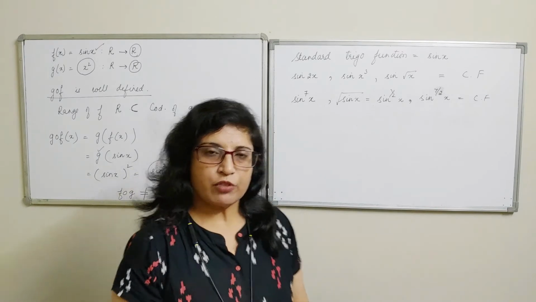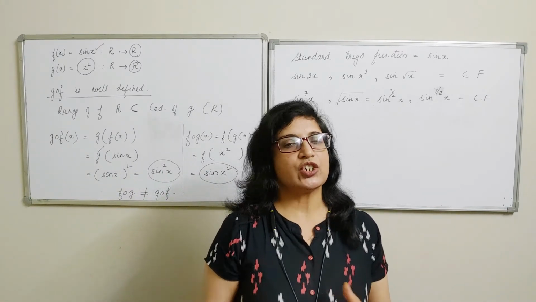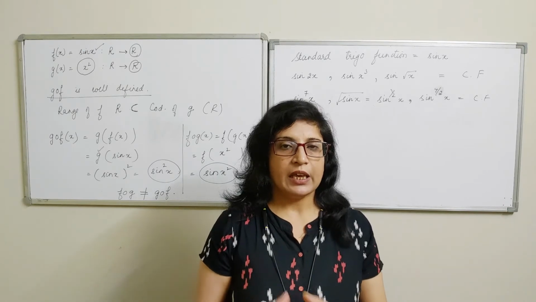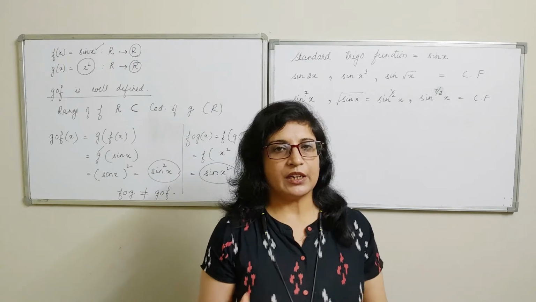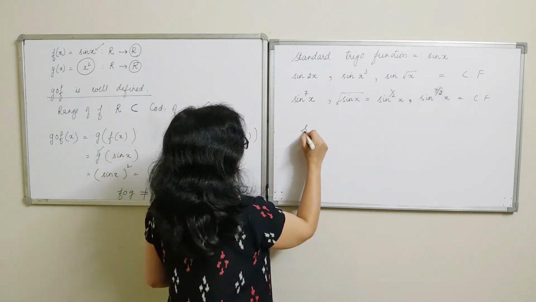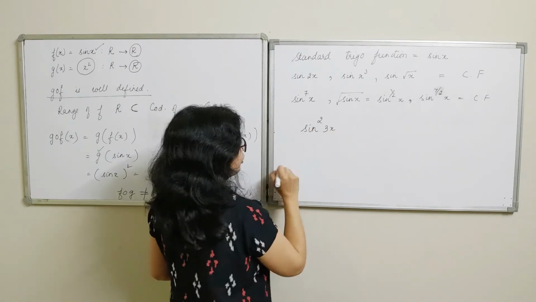That means whenever for a trigonometric function the angle is other than x and the power of the function is other than 1, it can be sine square, it can be sine cube function, in that case the function can be easily identified to be a composite function. We can have a combination. Power of sine is changed and the angle is also changed.